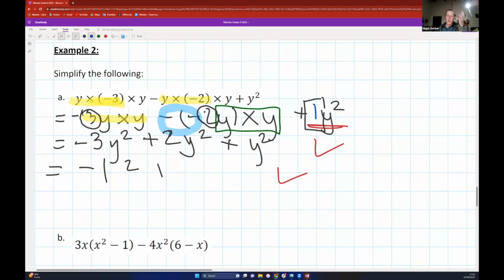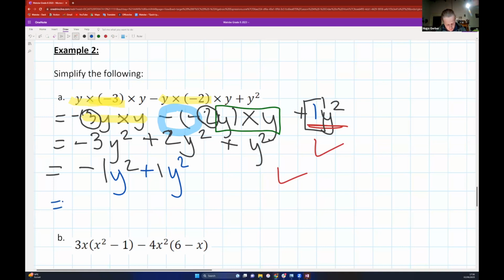So we have a 1y squared negative, and we have a 1y squared positive. We subtract them from each other. We come together, meet each other halfway, and then we find 0.